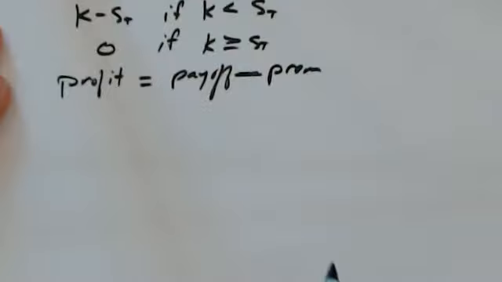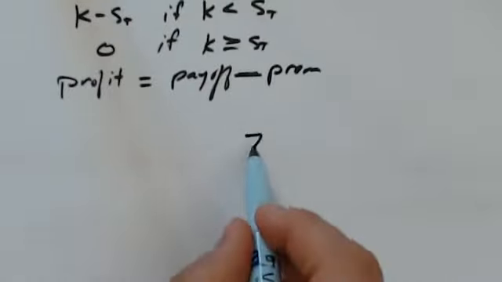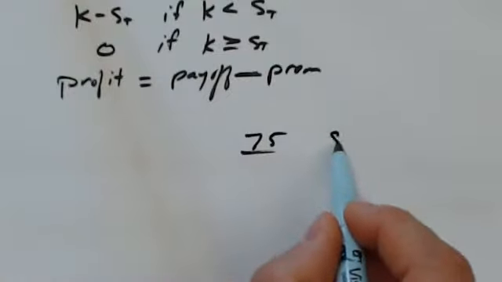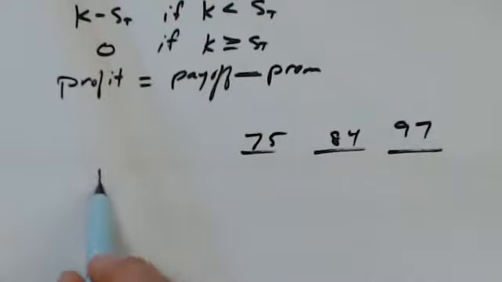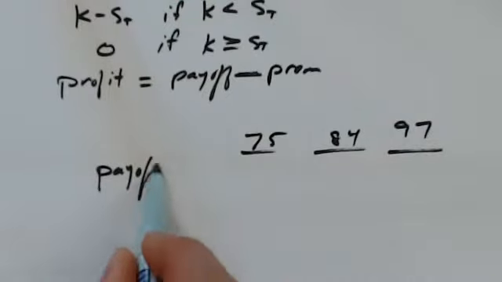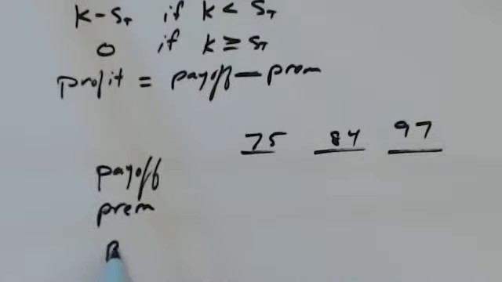Okay. Now, let's run some scenarios. Let's run the same scenario. It's the same prices: 75, 84, 97. We'll do a payoff, and we'll do the premium and profit.